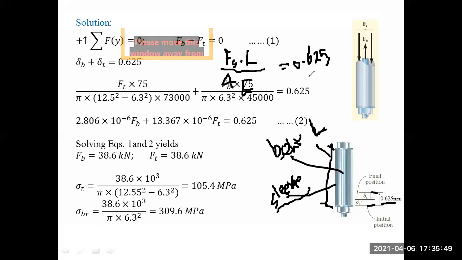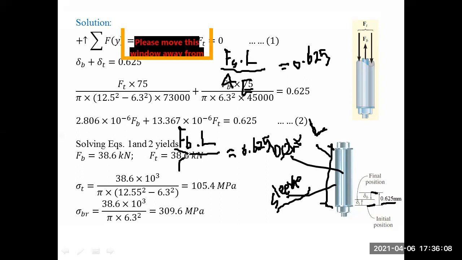This is 0.625, okay? Again, we calculate the 0.625 based on how many rotations the nut has gone up, and equate it to the amount that the bolt has elongated. That means F in the bolt times L over AE, of course with A of the bolt, E of the bolt, and L of the bolt as well.